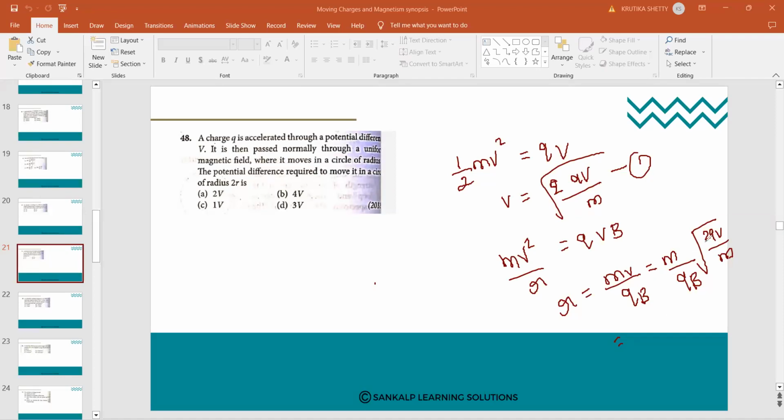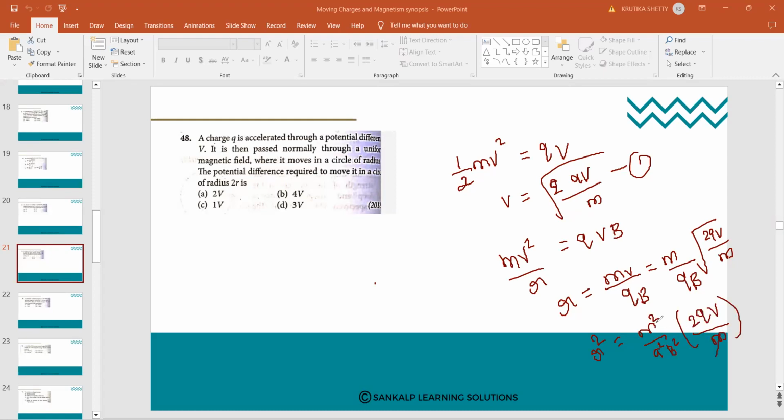If you simplify this, since there is a square root, I will square on both sides so that it will be easy. R square is m square by q square b square into the bracket 2qV divided by m.